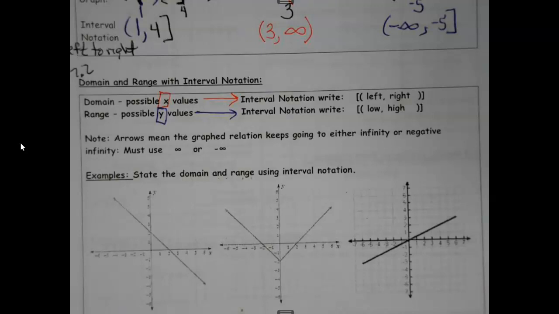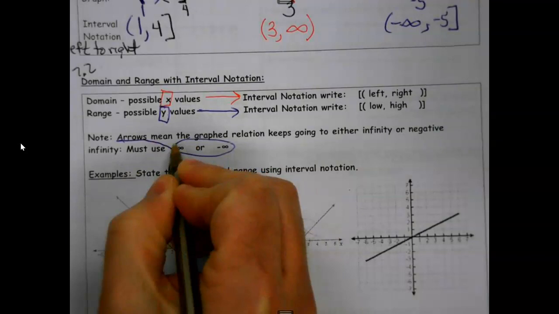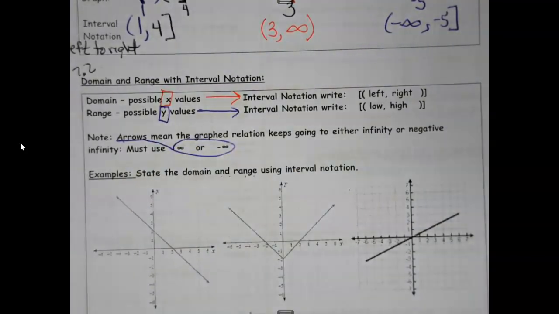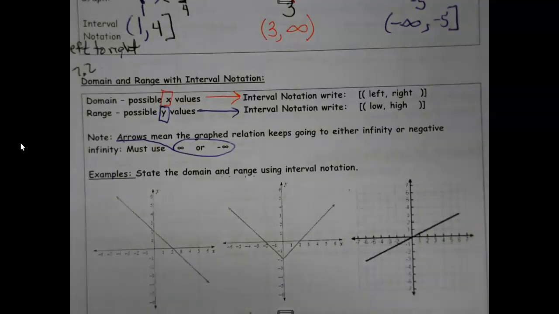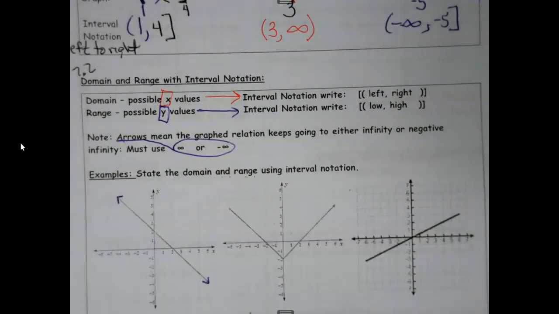And so when we're doing these, we're going to have infinities as well whenever there's arrows, okay? Arrows are always infinities, so that's what you're going to want to look for first. If it's a little dot, then we use numbers, but if it's an arrow, we use infinity. So I look at the first one. I can't really tell, but I'll give you a heads up here. Those are arrows on both ends.